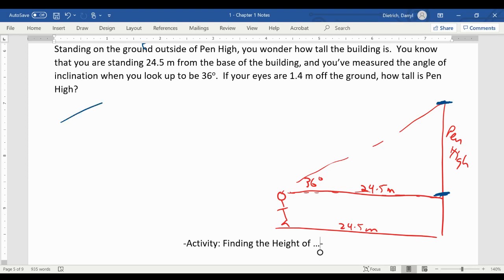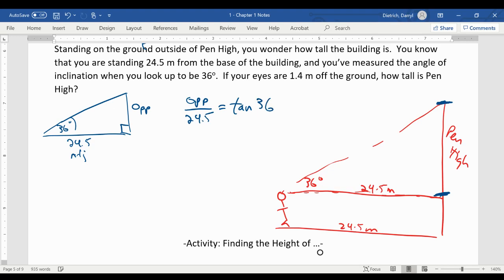Okay, so I'm just going to redraw that to make it a little less of a scribble. So if we have 36 degrees, 24.5, and a right angle, I'm going to label this as our opposite side. Now if we set up a ratio of our opposite over 24.5, which is our adjacent side, that is equal to the tangent of 36.